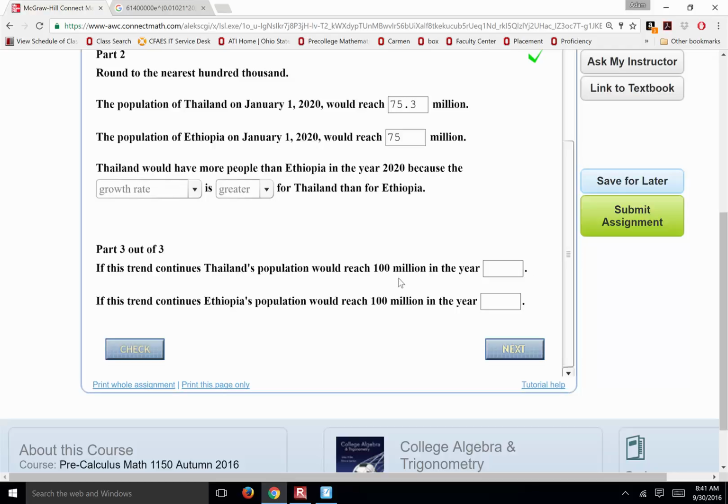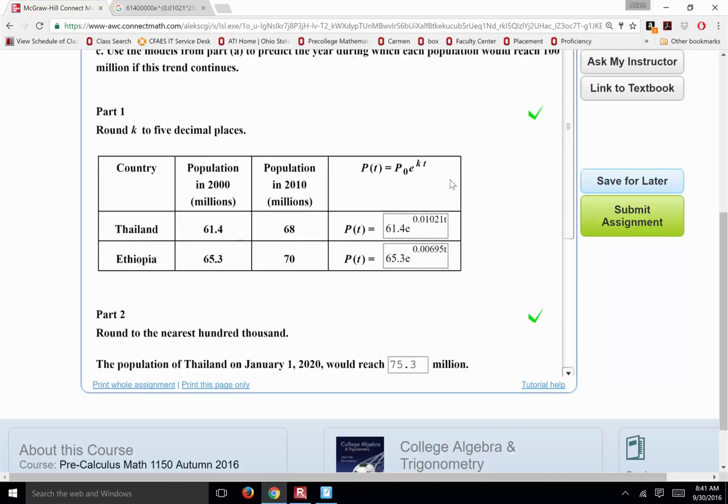Alright, how long does it take to reach 100 million for Thailand and 100 million for Ethiopia? Again, here are your models. You take this. This time you have been given P, but not given time. You're going to find out the time. So let's do this the proper way.